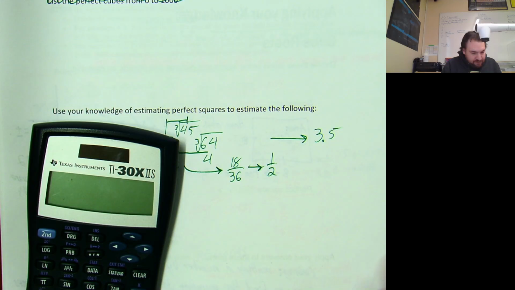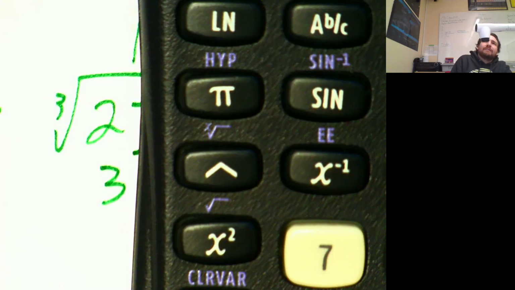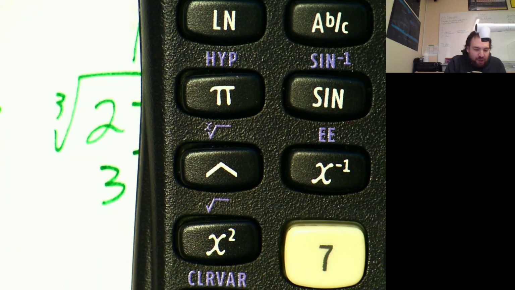Okay, so on the Texas calculator, the square root isn't its own button. It's the alternative function on the squared button. So squared gives me square root.